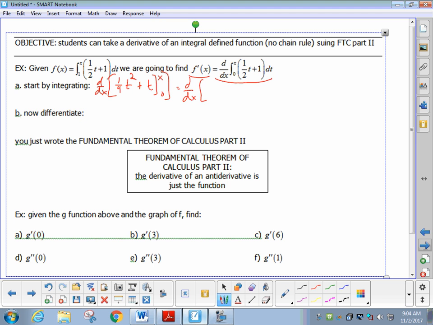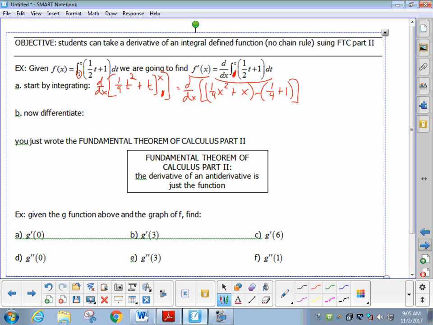If I evaluate that at x, then x goes in for every t, and I get 1/4 x squared plus x. And the 0, or the, this should be 1, should it not? I typoed here, that should be a 1, and this should be a 1. If you put in a 1, you get out 1/4 plus 1.